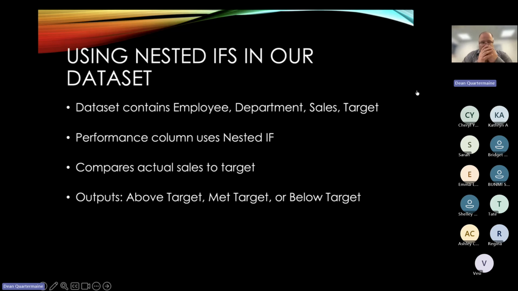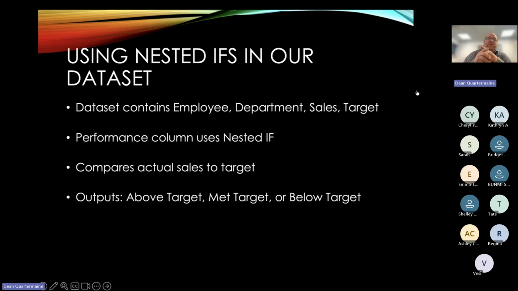What I've got is a data set with employee names, the department they work in, what their sales were in, let's say, a particular month, and then what their targeted sales should have been in that same month.